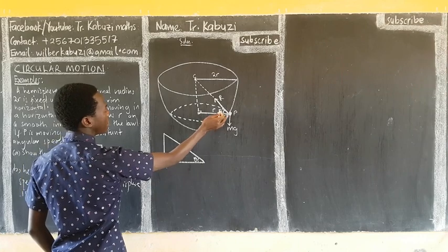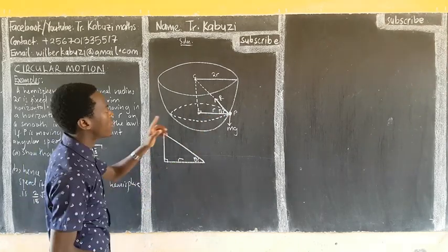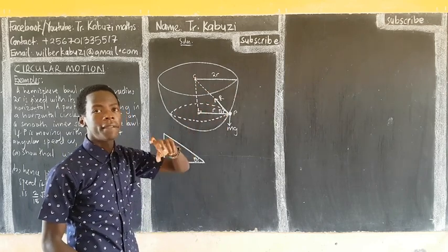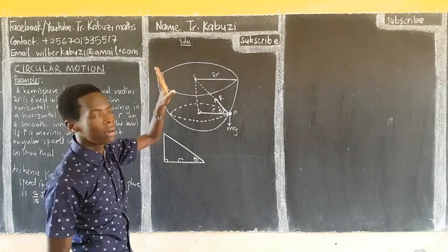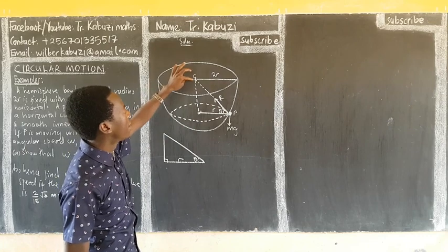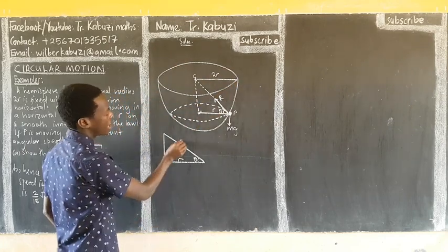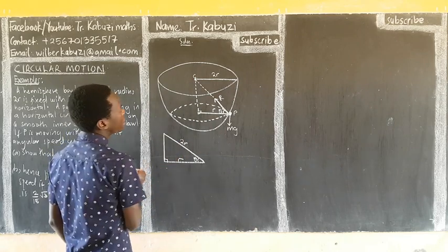So from here up to here is radius r. Now, you note from here up to here is the same as from here up to here, because a sphere has its radius equal everywhere, from the center outward. So if it's a sphere, from here up here is 2r, and from here up here is 2r. So this one is going to be 2r for a sphere.